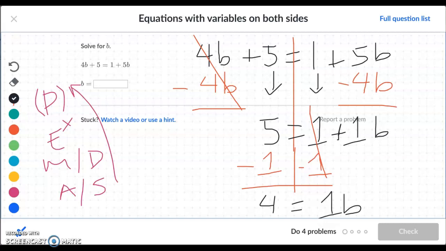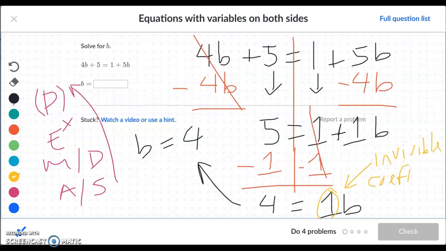Remembering that 1b is the same as b, I know now that b equals... oh, sorry, not b equals 1. b equals 4, because the 1 here is not really necessary. That's the invisible coefficient. We don't need it.